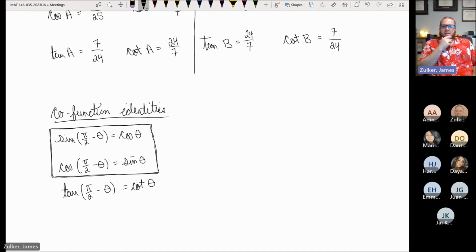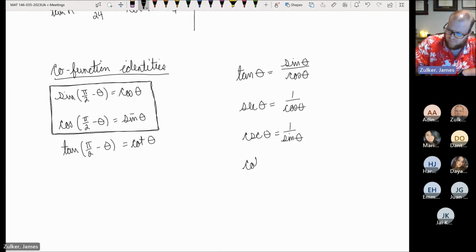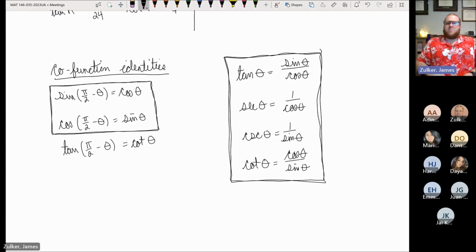Because there's something else you should have noticed by now, and that is that the remaining 4 trig functions can all be written in terms of sine and cosine.